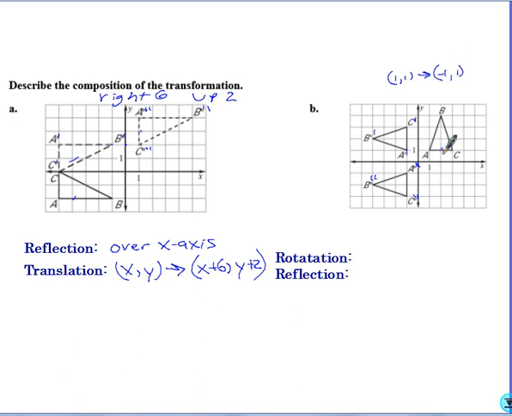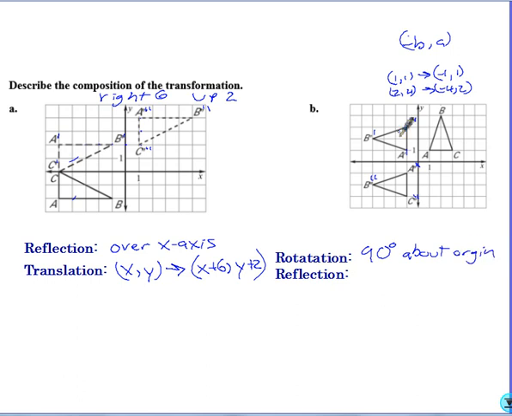B is at (2, 4), and that became (negative 4, 2). So it's going through that process of (negative b, a). So that's a 90-degree rotation. So rotation, and you can just say 90 degrees about the origin.